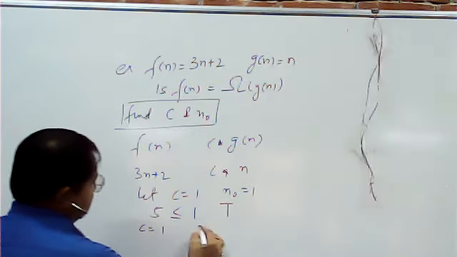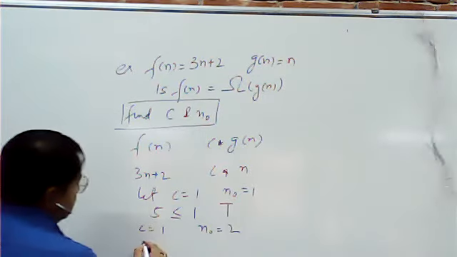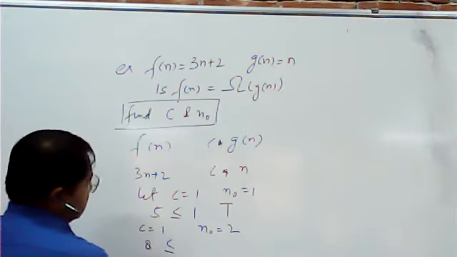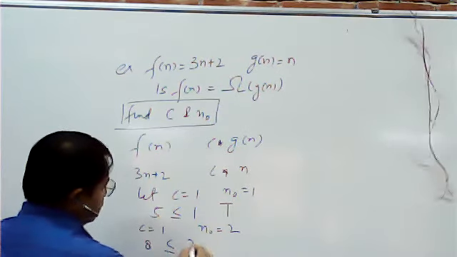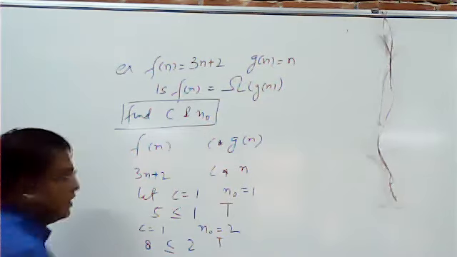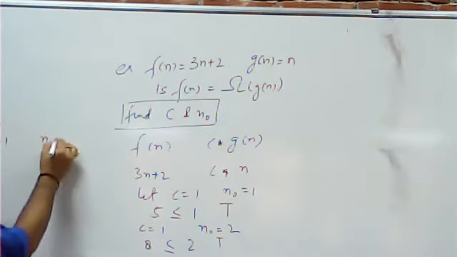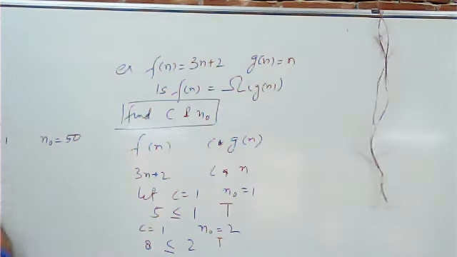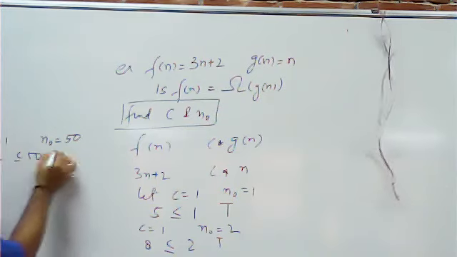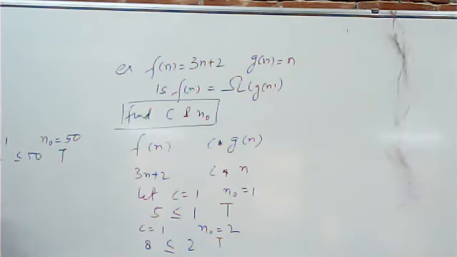C equal to 1 and n naught equal to 2: here 2 is less than or equal to 8, again the condition is true. Randomly we take C equal to 1 and n naught equal to 5: 5 is less than or equal to 17, the condition is true.